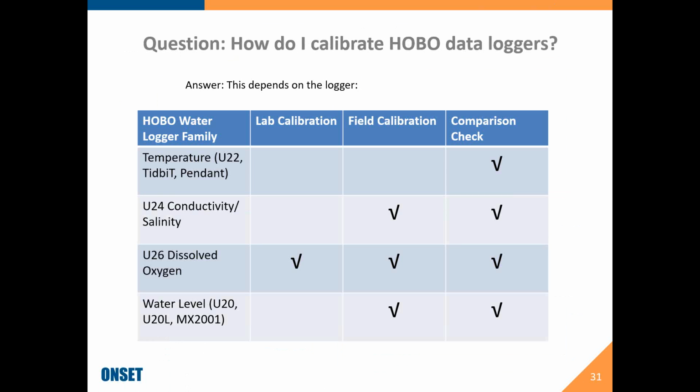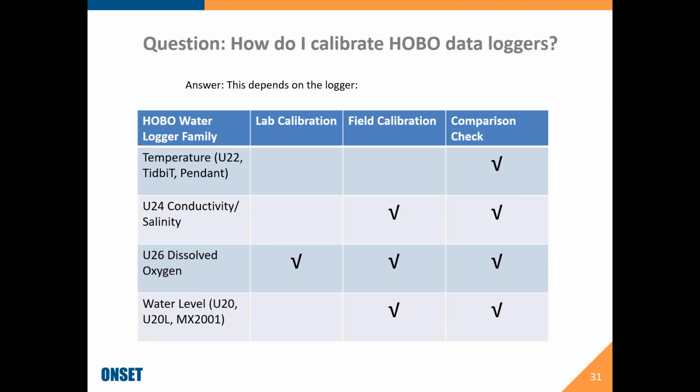For temperature loggers, let me define the types of calibration first. Lab calibration: there's only one of our loggers that supports lab calibration, and that's our dissolved oxygen logger. In the lab, before you deploy them, you put it in different calibration environments, and it adjusts the calibration factors in the logger for those environments. So that's important for dissolved oxygen measurements, and we provide lab calibration.